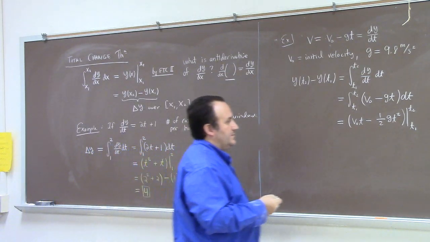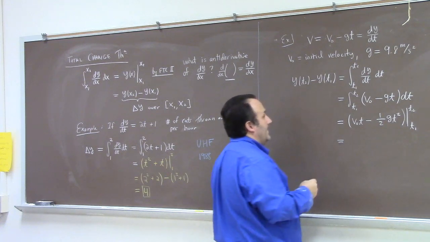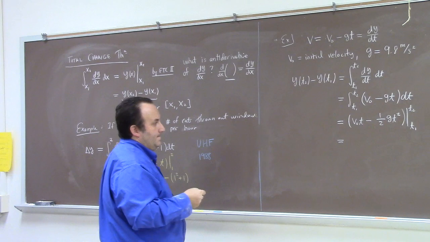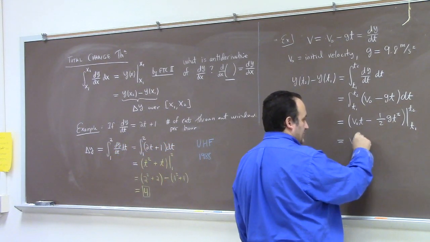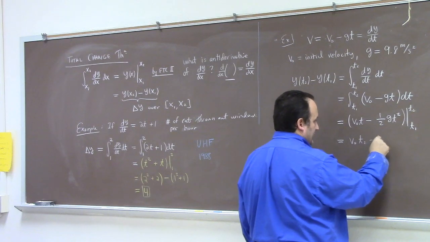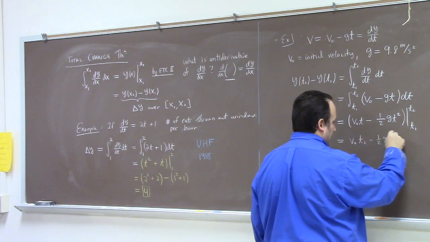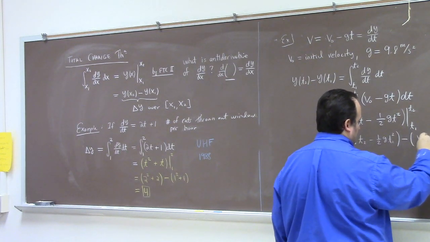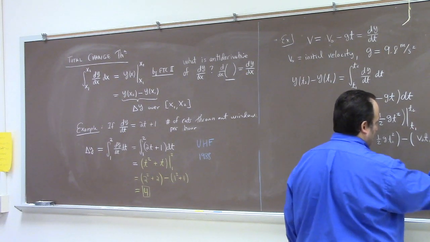So you get v naught t2 minus 1/2 g t2 squared minus v naught t1 minus 1/2 g t1 squared.